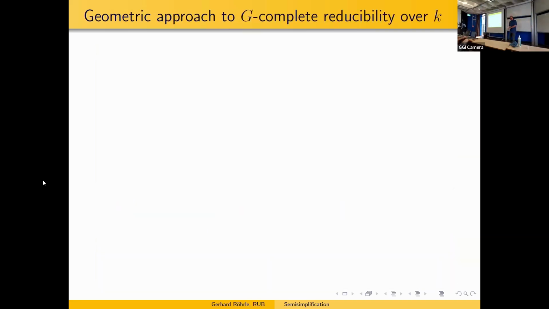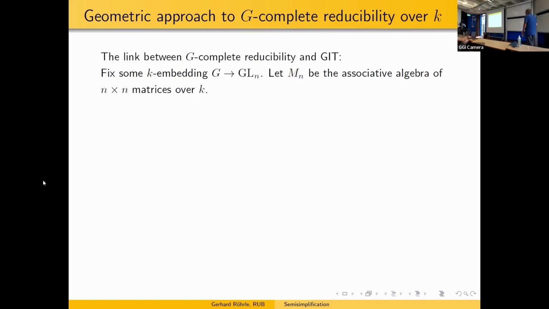So what is the connection with GIT? Well, here it is. There's a technicality which I'm going to throw at you, but it's not all that difficult. So I look at some embedding of my reductive group.